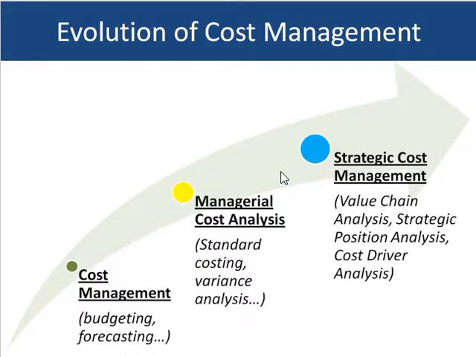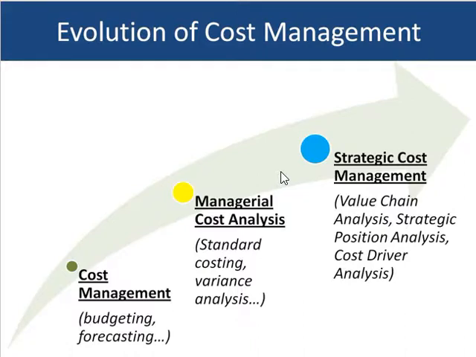Managerial cost analysis basically did some attribution analysis, where now an executive could tell, are my margins expanding because I have economies of scale, or is it because I have some sort of pricing concession from a supplier, or both? So that's what managerial accounting really focuses on.